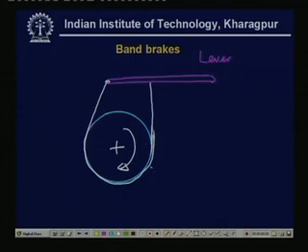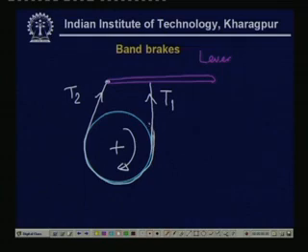We see that whenever this lever arm is given a force, then T 1 and T 2, let me say this is T 1, this is T 2, these two forces are developed, that is the tensions in the band.